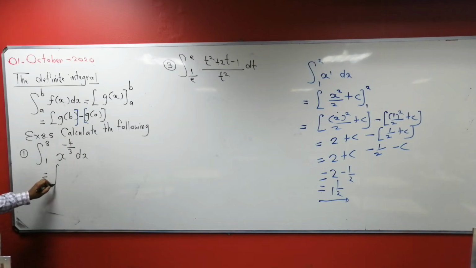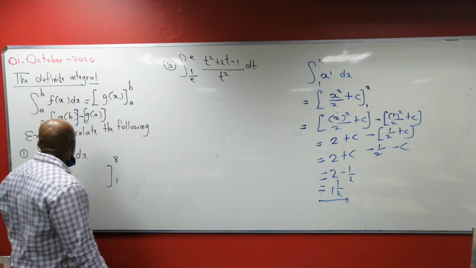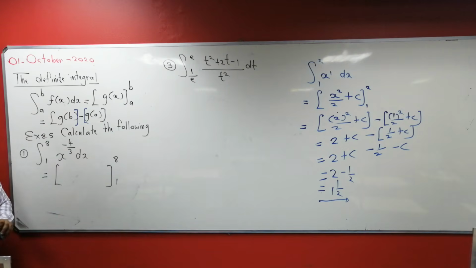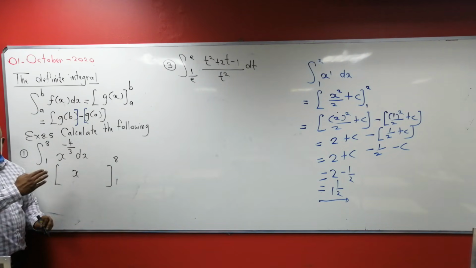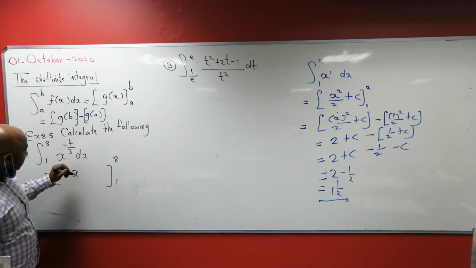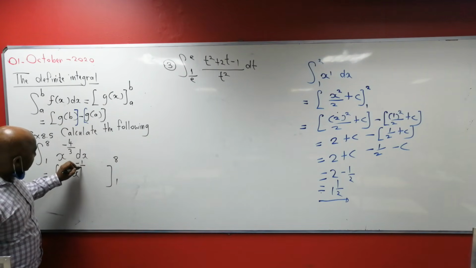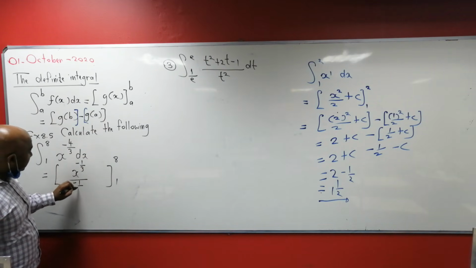So here we will just introduce brackets. There's your upper limit, lower limit. So now all you're going to do is, you got your x to the power minus 4 over 3 plus 1, which is going to be minus 1 over 3, all divided by minus 1 over 3.